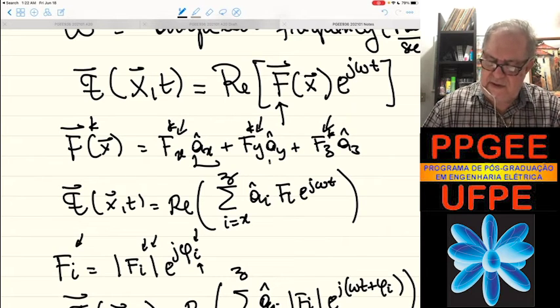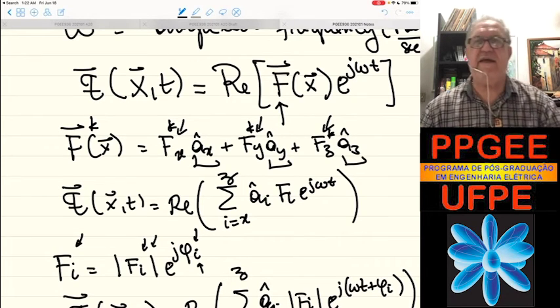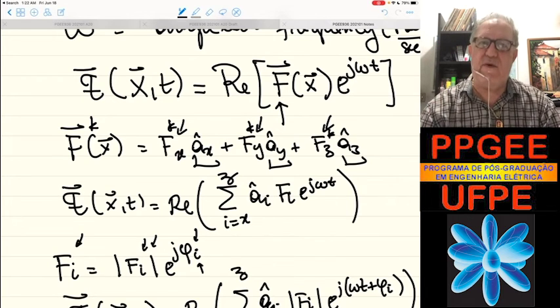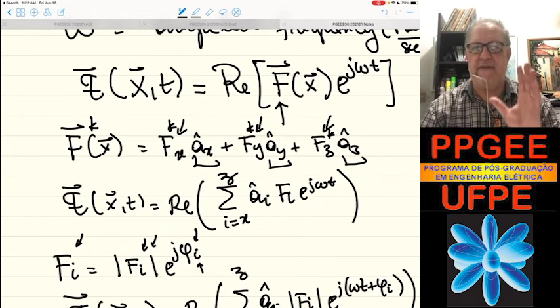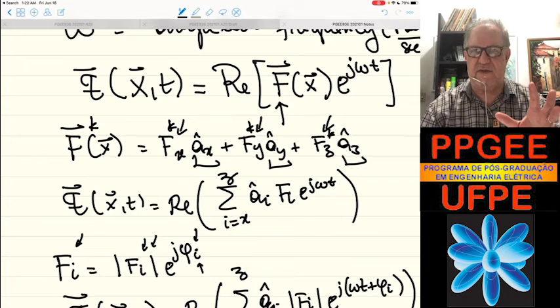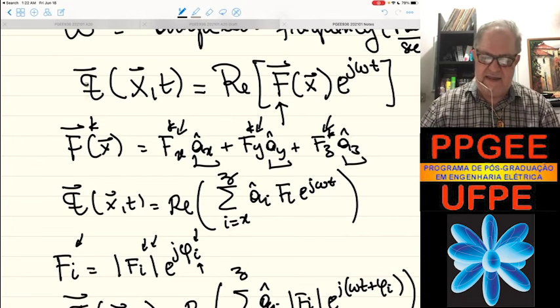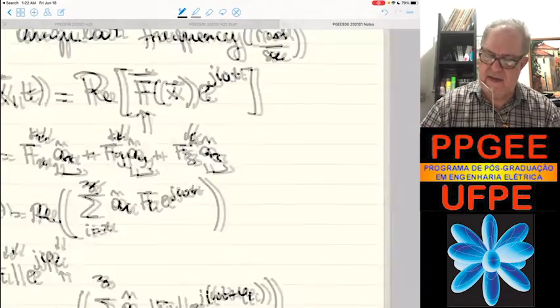If you are decomposing the vector against a real basis, it's just the conjugate of the components. Sometimes we can use complex versors, but then otherwise it's the conjugate of the whole thing. That's how you calculate the conjugate.